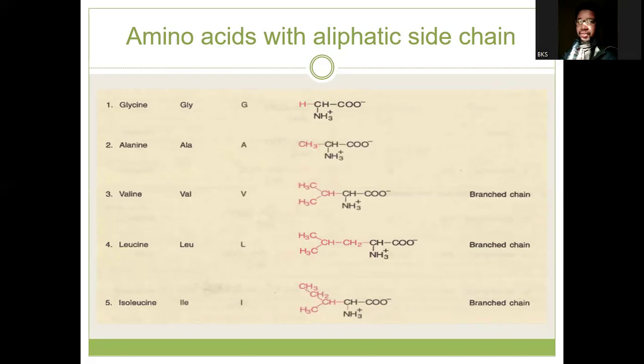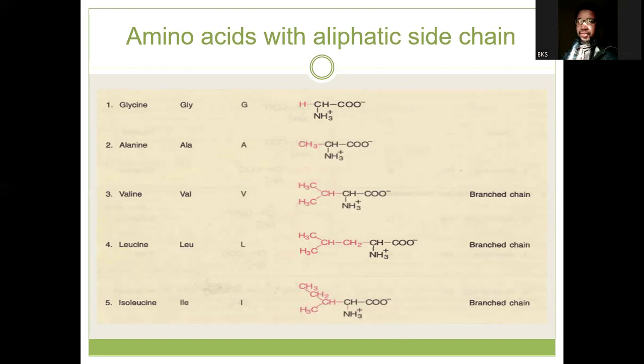So a methyl group is attached to the alpha carbon, which is now the beta carbon. Glycine and alanine differ in this group with the rest because the rest have a branch chain. In valine, you have the beta carbon attached to 2 methyl groups in a branch form. So you have the branch forming on the beta carbon. While in leucine, you have the branch forming on the gamma carbon instead of the beta carbon as in the case of valine.